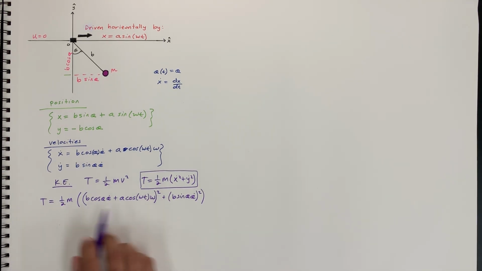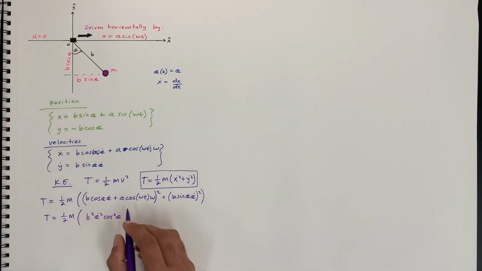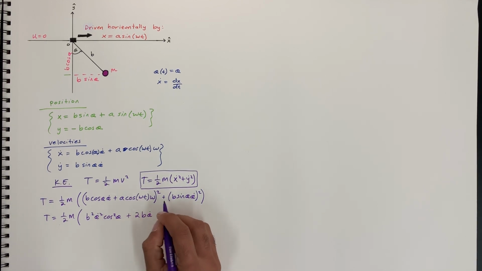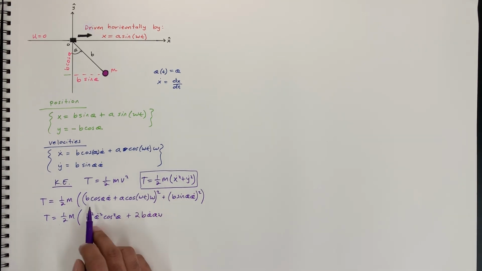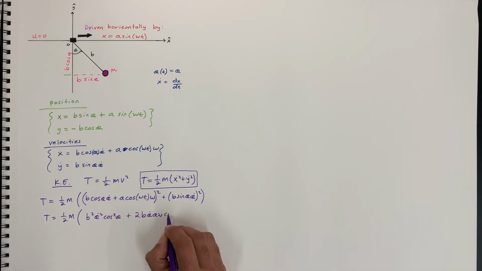All right, so let's FOIL this part out and let's see what we get. We're going to have b squared, theta dot squared, cosine squared theta from the first term. The combination of both of them is going to be 2 b theta dot a omega, so we got b theta dot a omega, cosine theta, and then cosine of omega t.